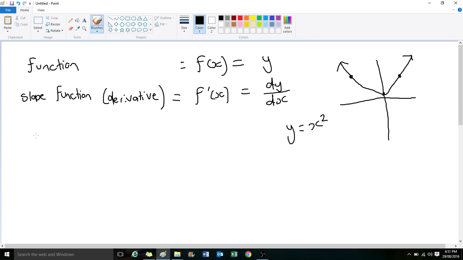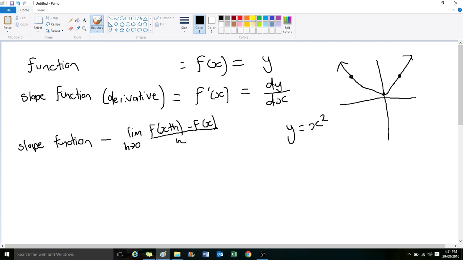The formula we use to find the slope function is: we need a limit first. Limit as h approaches 0. We're using a generic value h. f of x plus h, take away f of x, divided by h.